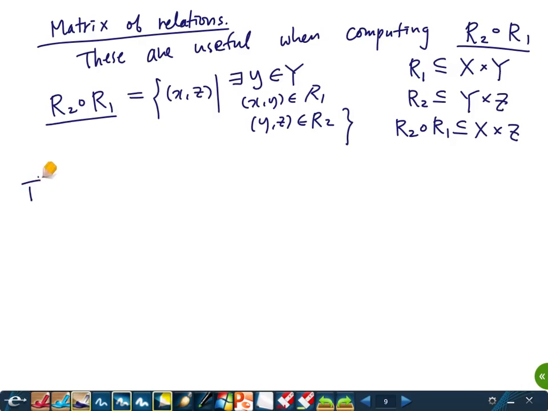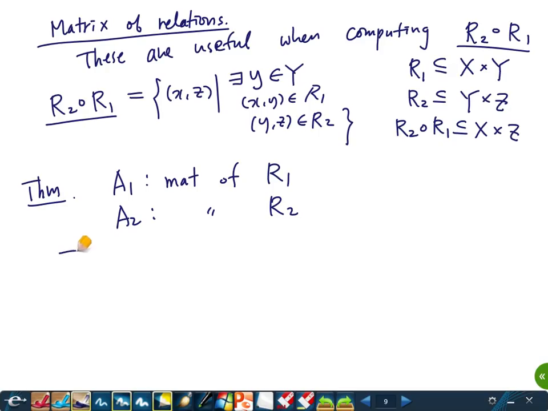The theorem is, in this situation, let's say A1 is the matrix of relation R1, and A2 the matrix of R2. And of course, we assume that the ordering of X, Y, Z are given.